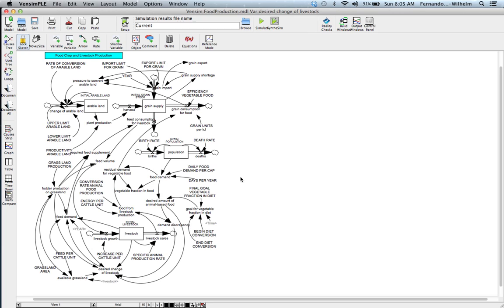This is an interesting food production model because it basically looks at the competition between vegetable oriented food supply versus livestock oriented food supply, how those two compete to sustain a population, and the trade-offs that may be involved.